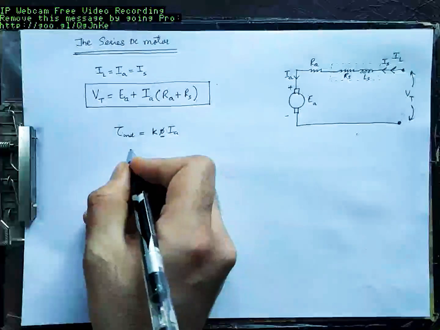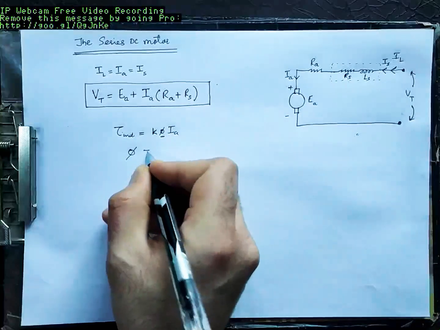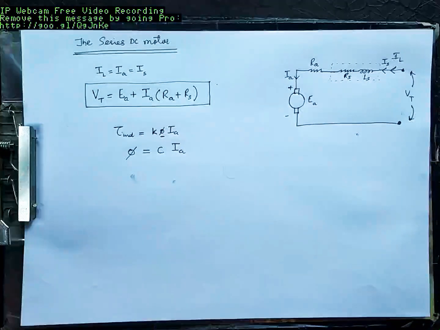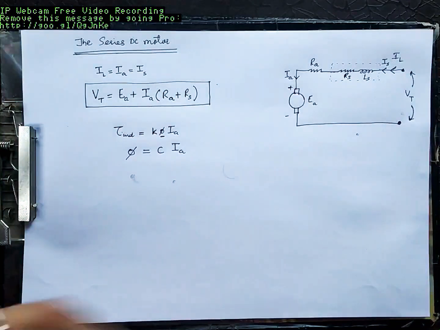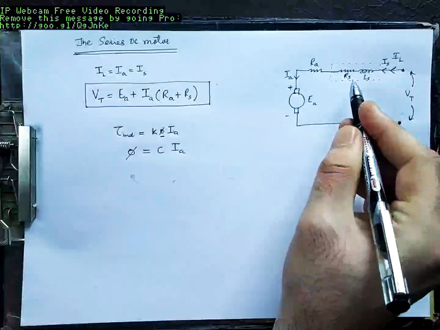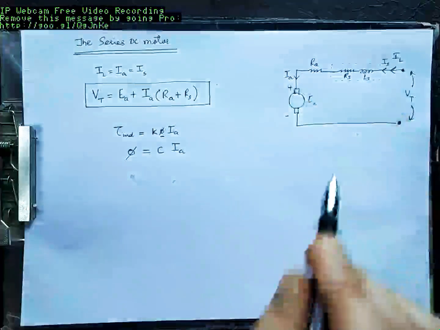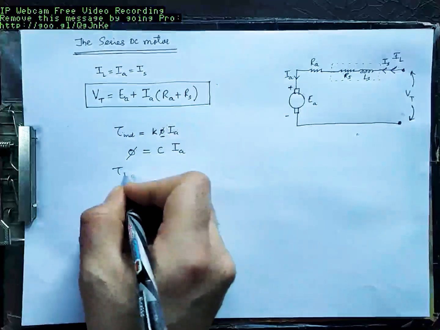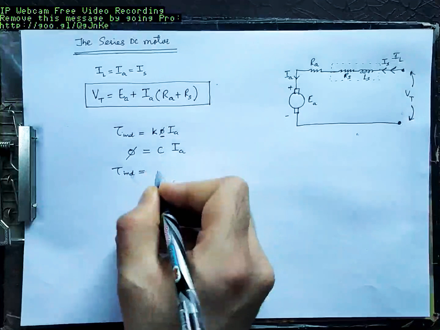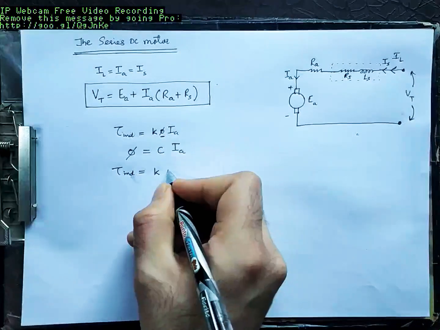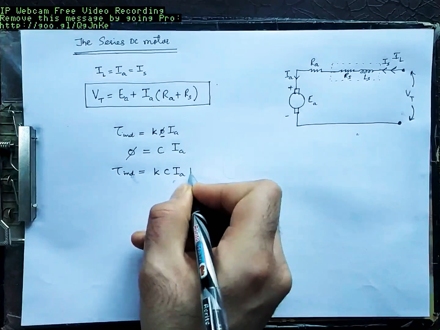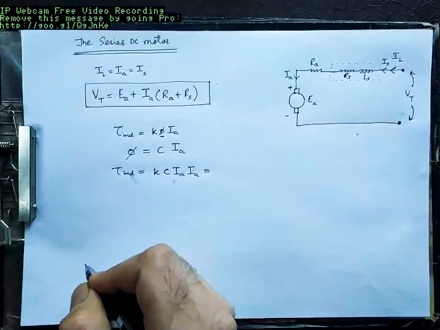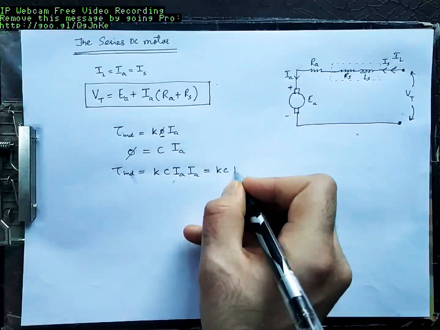So I can write the flux phi as a constant C times the armature current IA. Substituting this, the induced torque is a constant K times constant C times IA times another IA, which becomes K C IA squared.